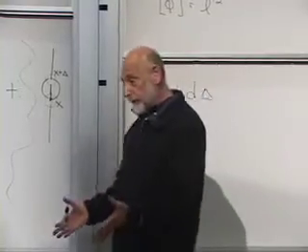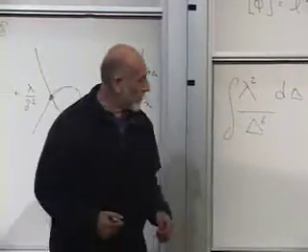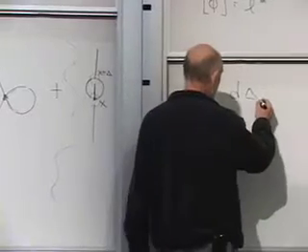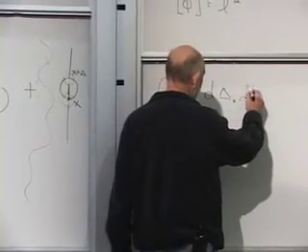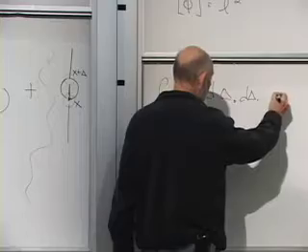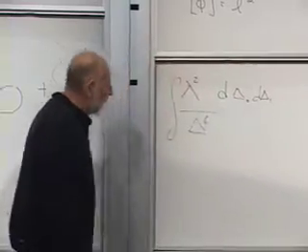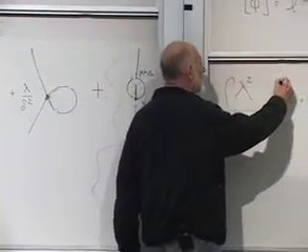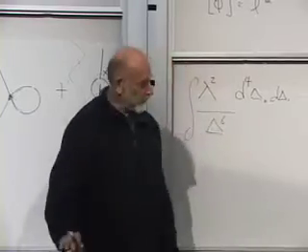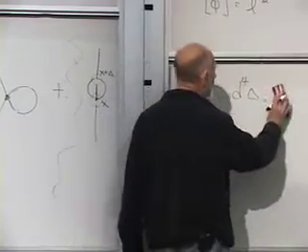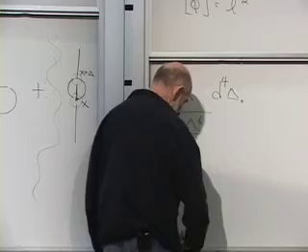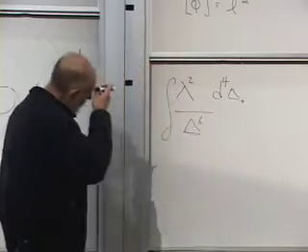If you want to integrate over a 4 vector, you have to integrate over its 4 components. So we can write this d delta naught, d delta 1, d delta 2, d delta 3, and so forth. Or we can just write d fourth delta. That means that it's an integral over the 4 components of delta.